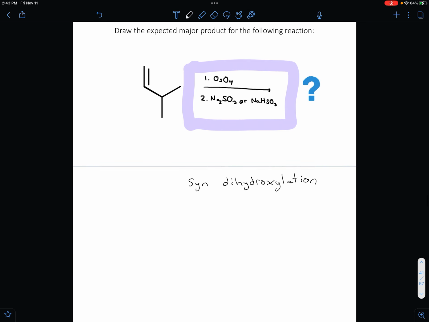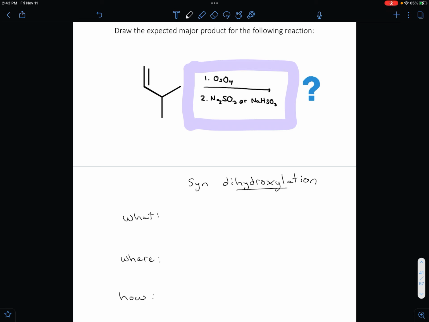Once you know what reaction you have, you want to clarify for yourself what you're adding, where you're adding it, and how you're adding it, what direction the two groups are going to be added in. So the name is telling you all this information. A hydroxyl group is a group that has a hydrogen and an oxygen.